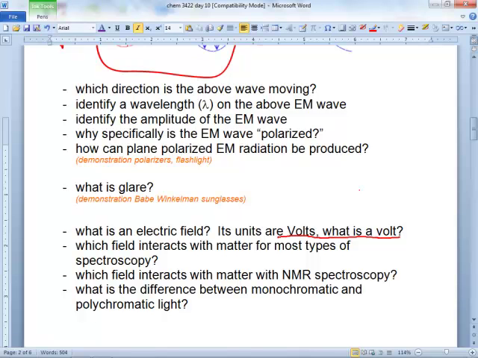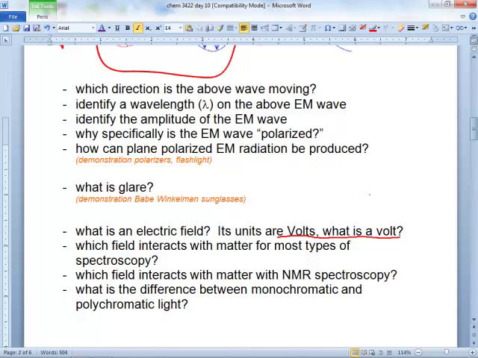UV-vis, electronic transitions. Almost all these types of spectroscopy deal with the electric field. Which field interacts with matter, Emily, with NMR spectroscopy? It's deduction, right? It's got to be magnetic, otherwise I wouldn't bring it up.